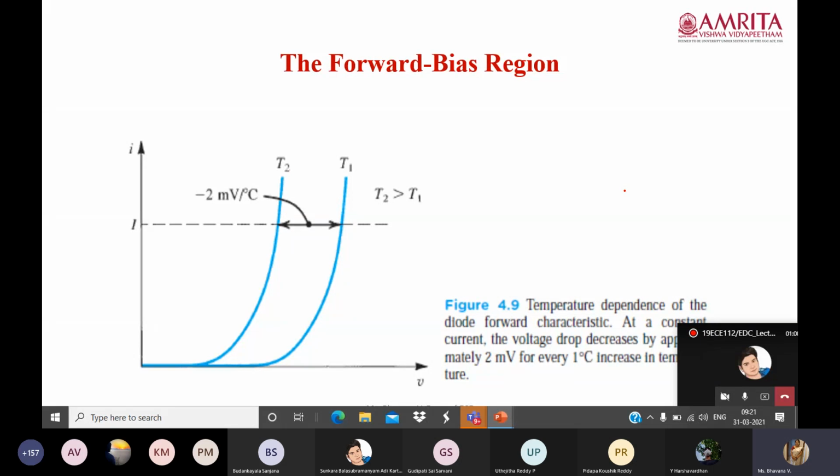For a constant diode current, the voltage drop decreases by 2 millivolt for every 1 degree Celsius rise in temperature.